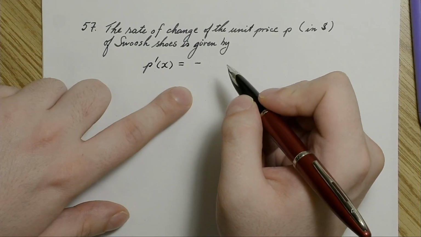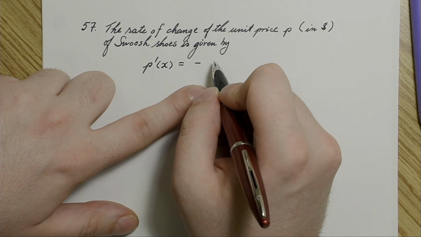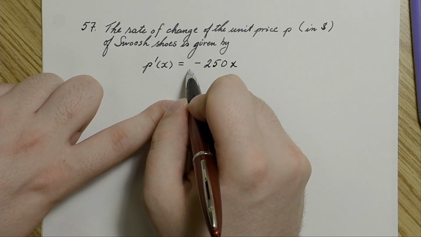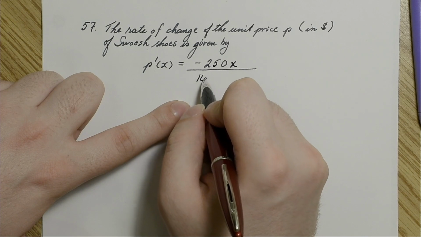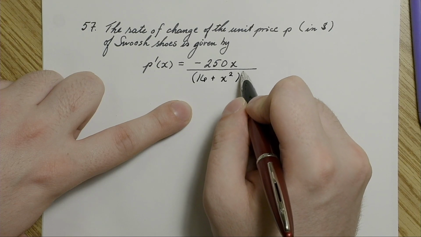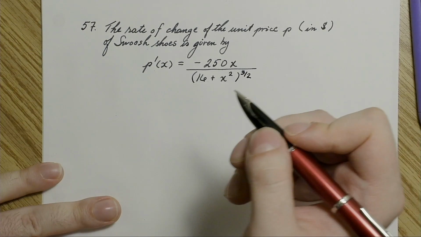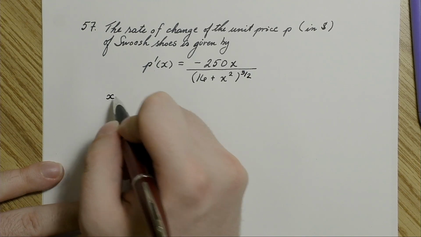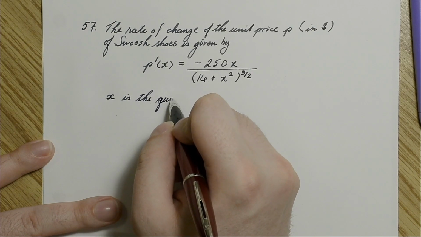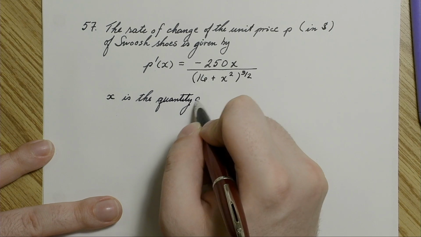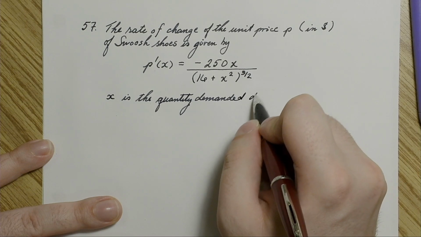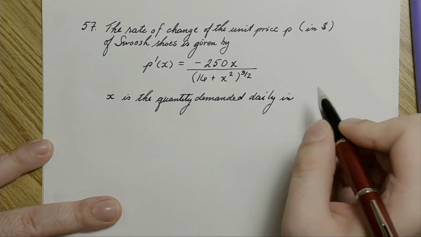They said that the rate of change of the unit price is equal to minus 250x all over 16 plus x squared, all to the 3/2, and x is the quantity demanded daily in units of 100.